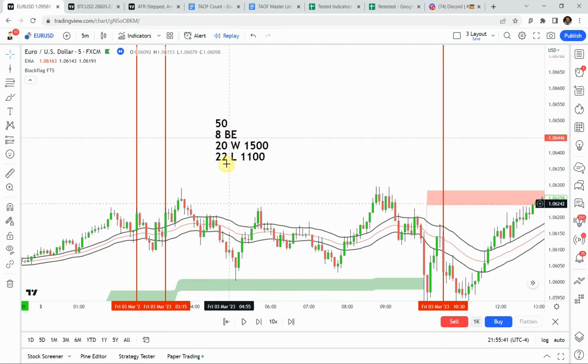Winning trades, we had 20 trades altogether and 22 losing trades. Doing the numbers on this is a little challenging when you're taking partial profits and such.